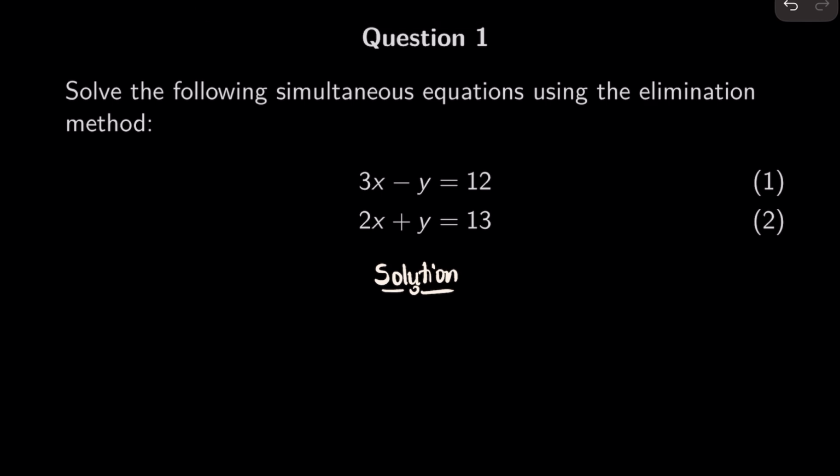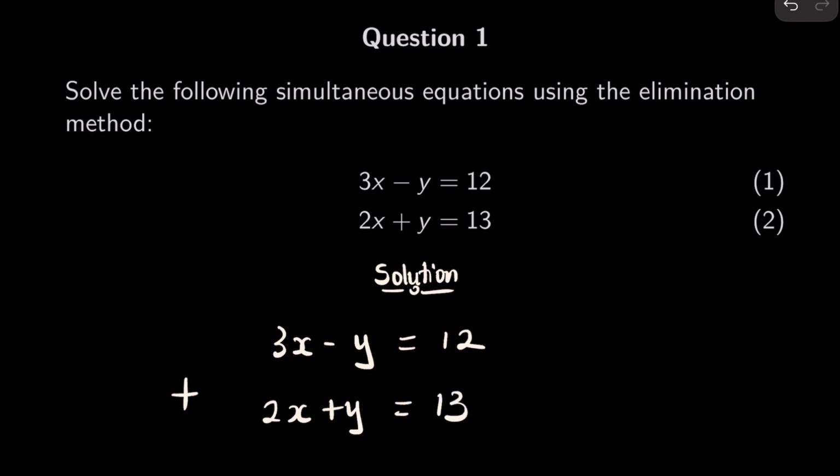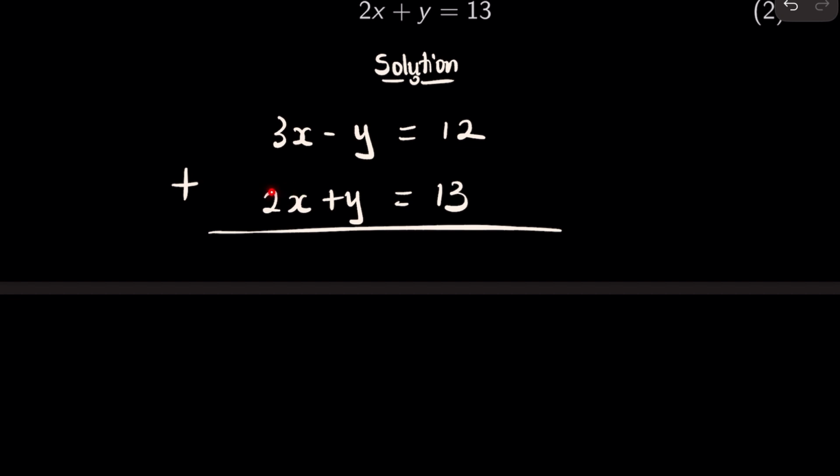So we are going to have 3x minus y is equal to 12, then plus 2x plus y is equal to 13. As we have 3x plus 2x, that's going to give us 5x. And also we have minus y plus y, so that's going to give us 0y, which is just 0.